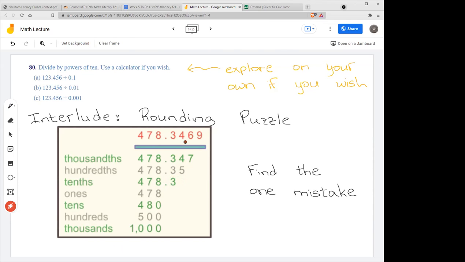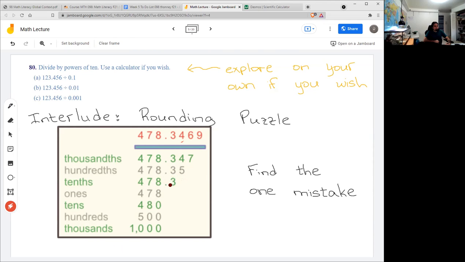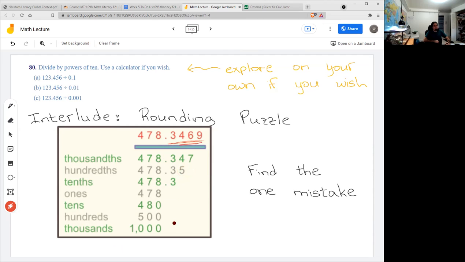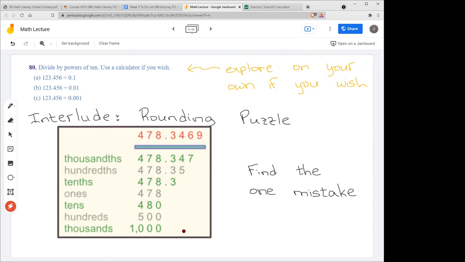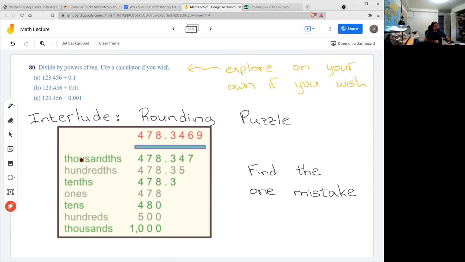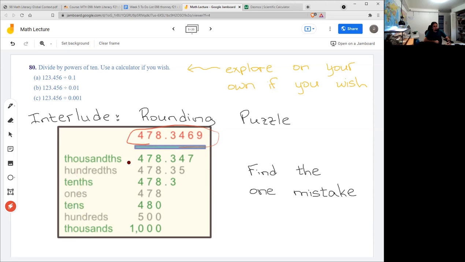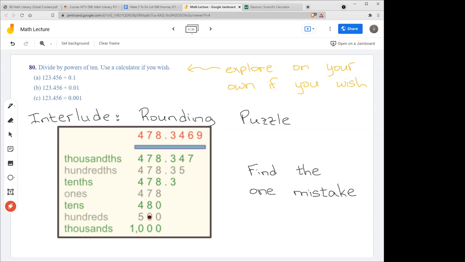It does. Yep, this 4 is not 5 or more. But what about, oh, so it's not, okay. You don't base it on a partially rounded thing. You base it on the original one. Okay, this is where I get confused. I thought this was like rounding in steps. No, I'm sorry, that was me explaining. It's not that the person rounded step by step, but they took the original number and rounded it several times. Okay, then I'm not sure I understand.